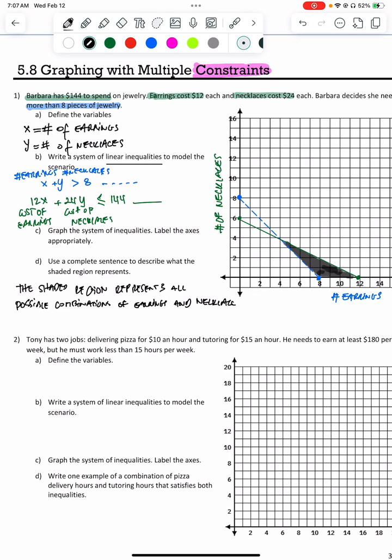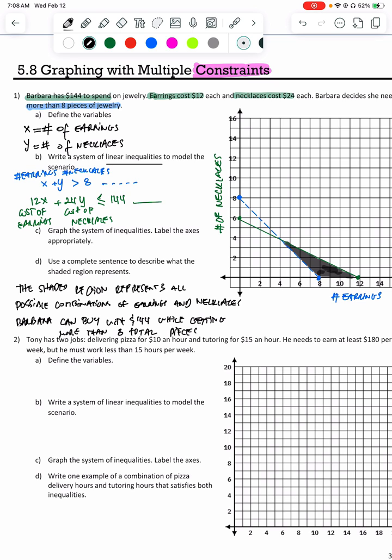But how so? What are the conditions? Barbara can buy with $144 while getting more than 8 total pieces.